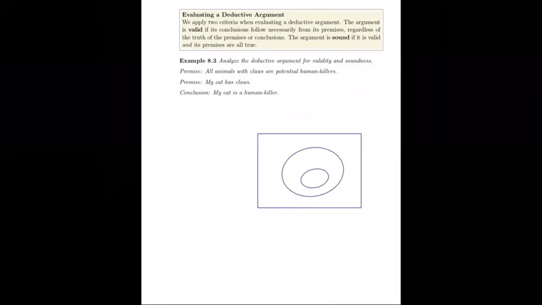Okay, and let's see. All animals with claws, that's the inner set, because it's the first one. Claw animals, we'll call that. And then are human killers, that's the outer line, human killers. Okay, now let's see. We have my cat has claws. So this is a new one.